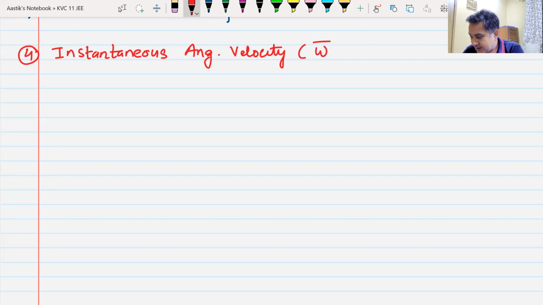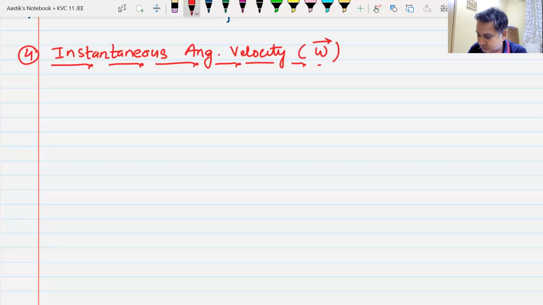Denoted by omega, and this is a vector. Instantaneous angular velocity. Now I may ask, which type of term is it similar to that we have already read?